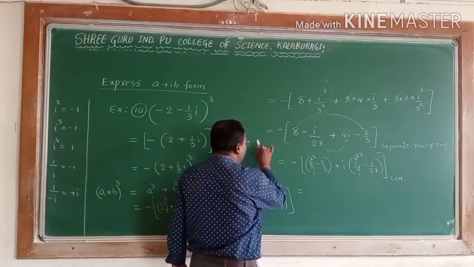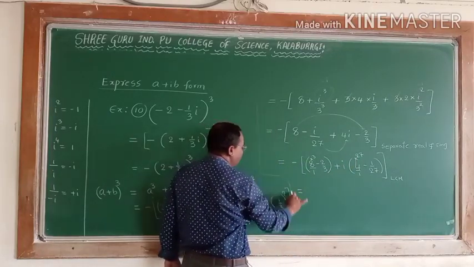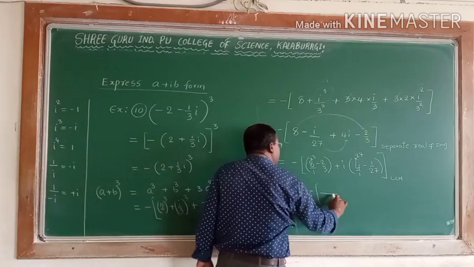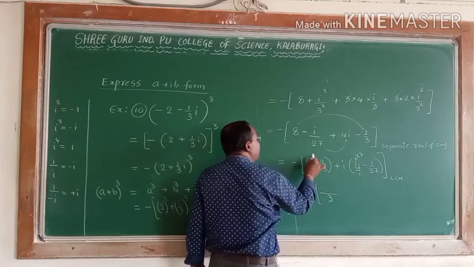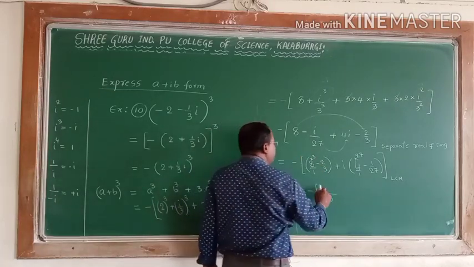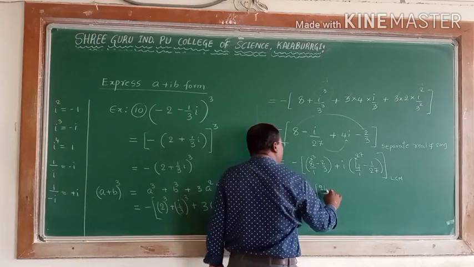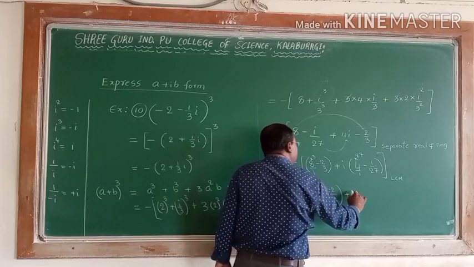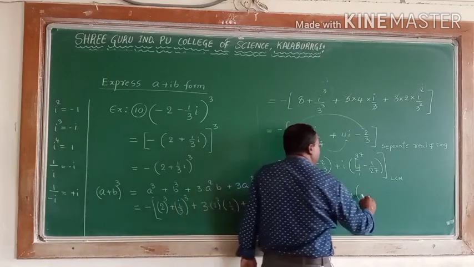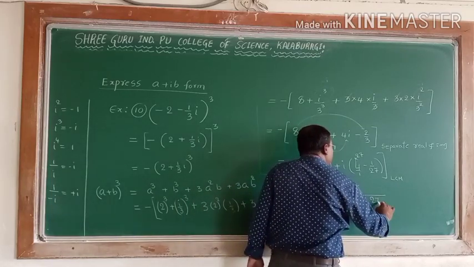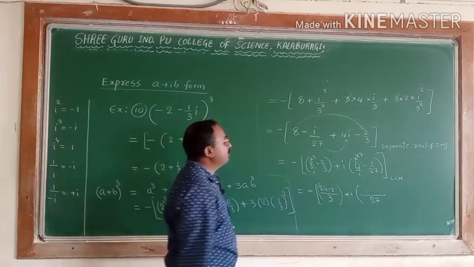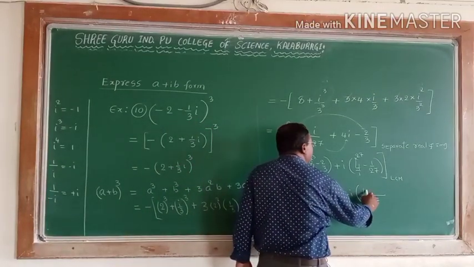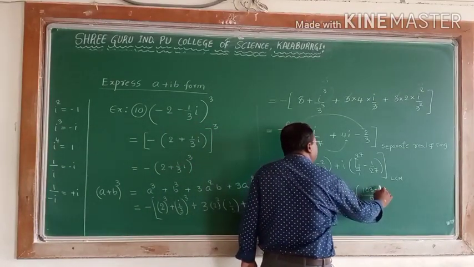Is equal to minus, as it is. LCM is 3, 8 into 3 is 24, minus 2, plus i times, LCM is 27, into 4 is 108, minus 1.